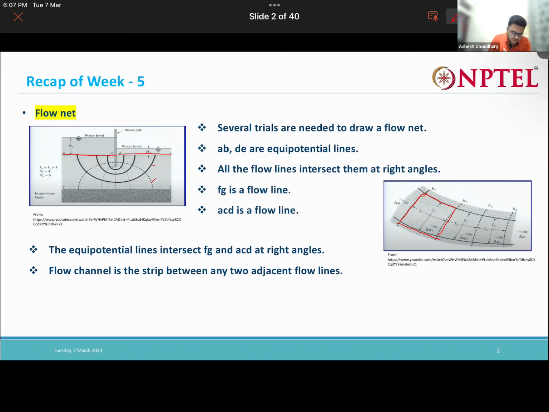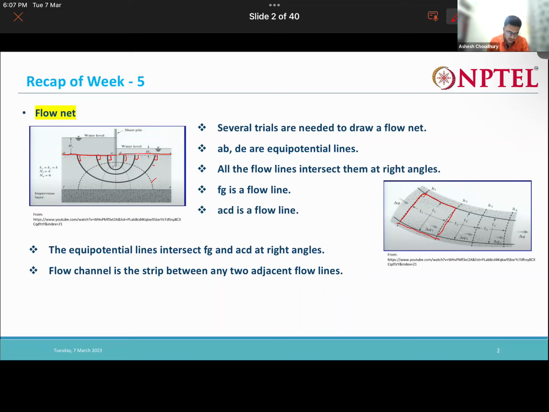Because at all points in AB the total head is H1, and at all points in the line DE the total head is H2, so the head is constant along the line. Now, the flow lines intersect them at right angles. So these flow lines intersect the equipotential lines at right angles.